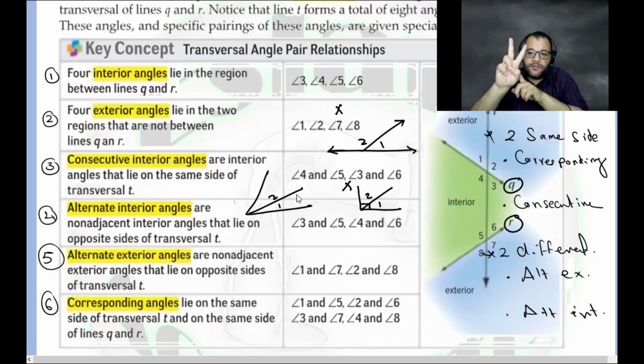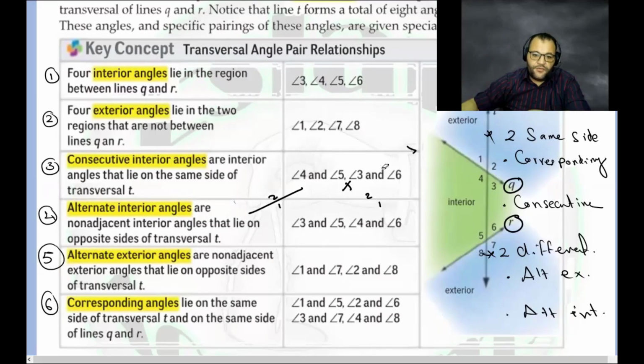If the sum of two angles equals 180, then the two angles are supplementary. If the two angles are supplementary, then their sum will be 180. So we have an inverse relation, a vice versa relation. Again for this one: we have supplementary, so the sum of the two angles will be 180.